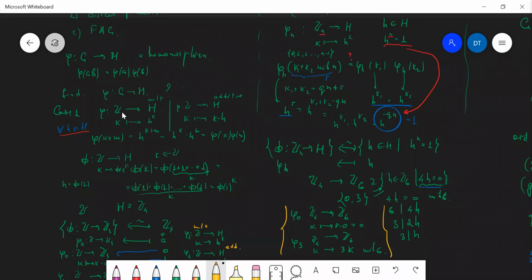Now you want to compute all homomorphisms from Z to this group H. It happens that it doesn't matter what kind of group H you are given, you know how to compute all possible homomorphisms from Z to H. So how do you do this?